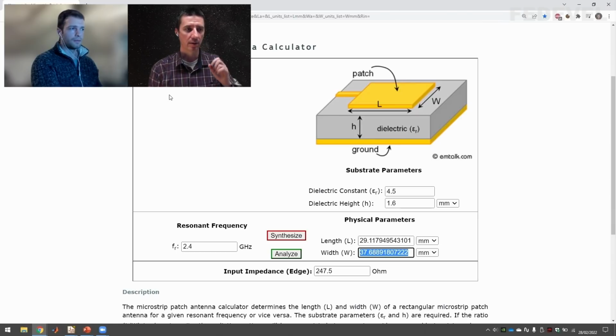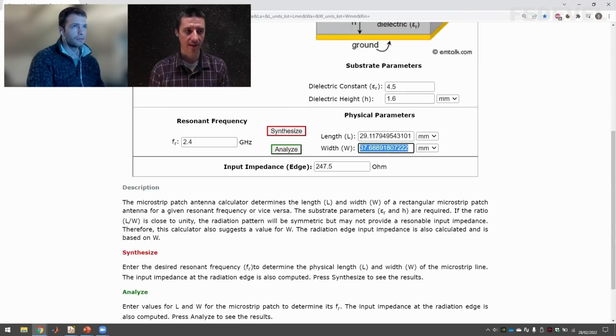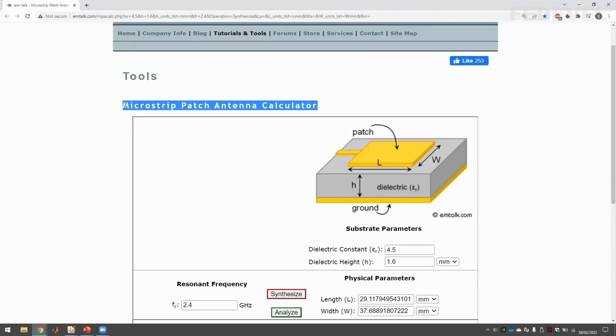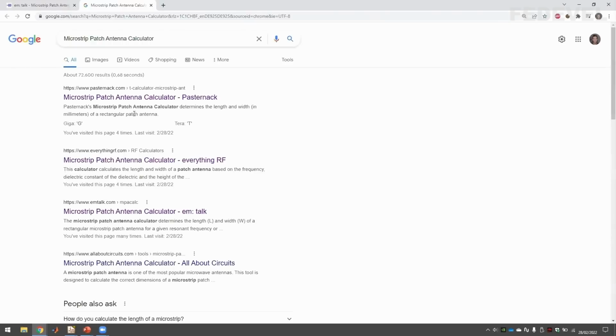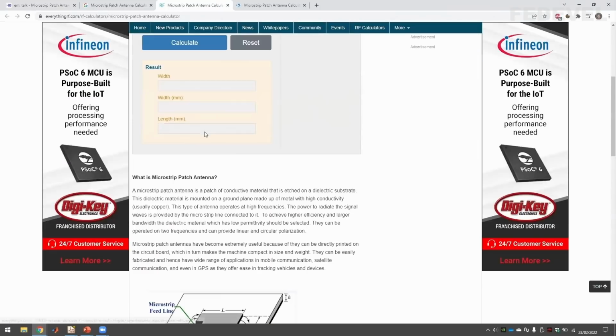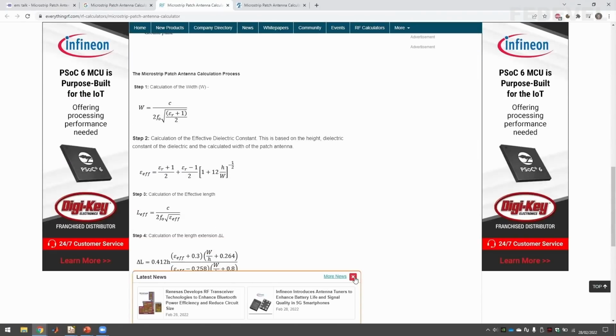I have a question. In this calculation, is it also considered that half of the environment is air? Yes. That's why we are calculating the effective permittivity, correct? Exactly. I believe some other calculators will actually tell you the equations. Here we go.